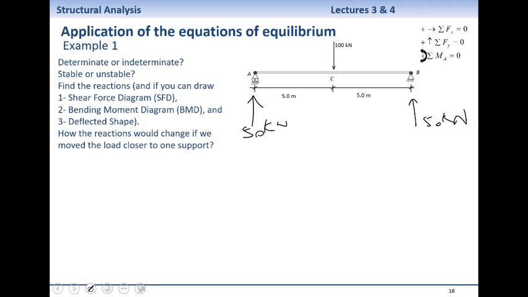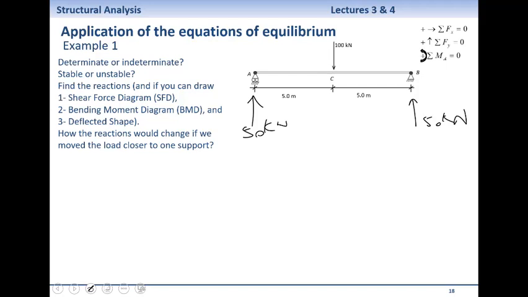I'm using the method of sections, but maybe today or in the next lecture, I'll talk about another way of drawing shear force bending moment diagrams. But maybe as a warm-up exercise, let's do it using method of sections. I'm going to cut the beam at one point and look at the equilibrium again and see what I get.